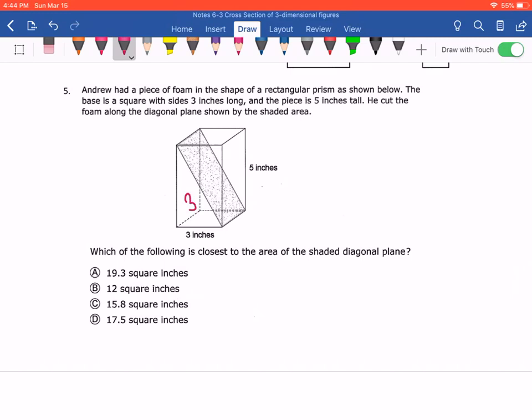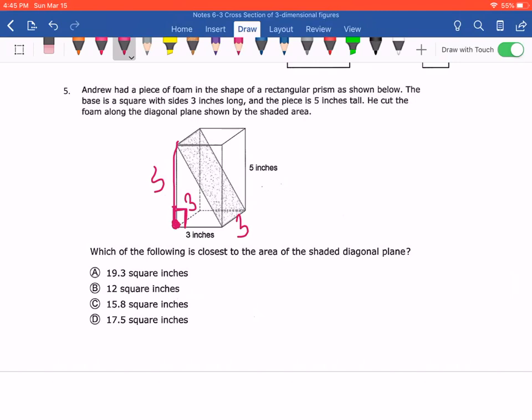What that means is that each one of these sides of the base are 3 units long. We're also told that the piece is 5 inches tall, so it is 5 inches in height between the bases, therefore making this vertex right here that's formed with these two lines a 90-degree angle.